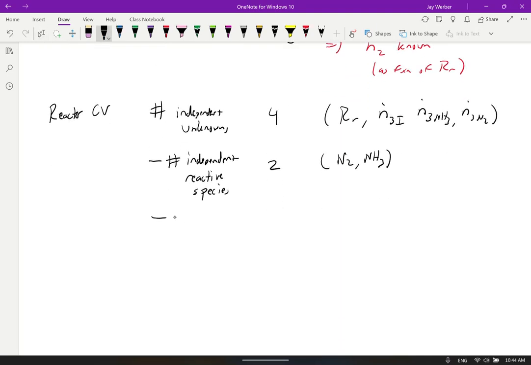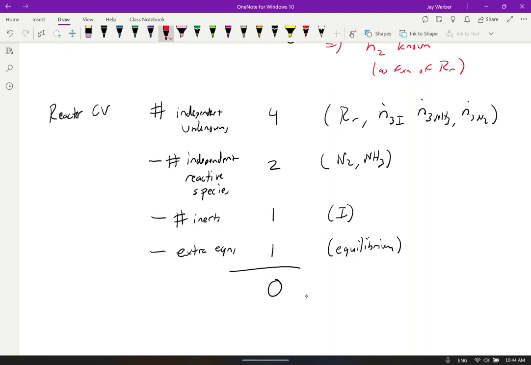The number of inert species is just 1. And we would be totally out of luck, except for we have 1, which is that we are at equilibrium. And so this is 0. And so now we should be able to solve for everything.